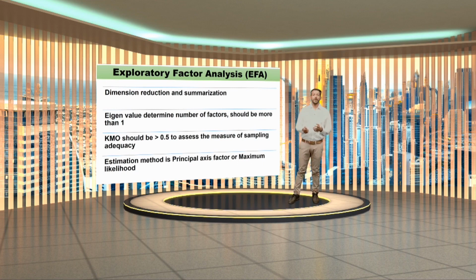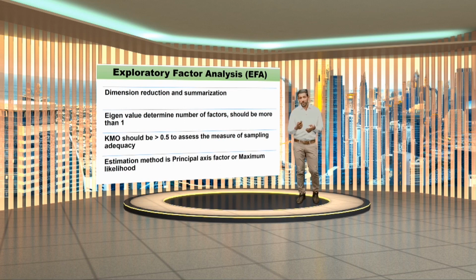In these things, when you are using EFA, what is the sample size? Normally people raise this question. We use the KMO test. If KMO is more than 0.5, it ensures the measure of sampling adequacy, or shortly what we call MSA.